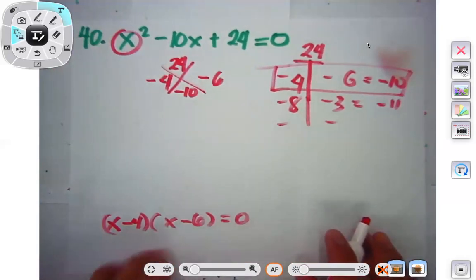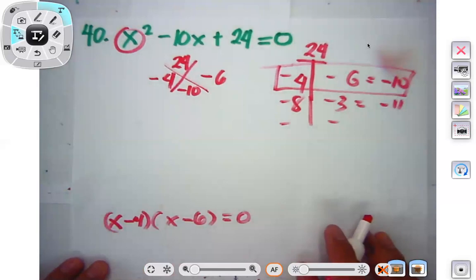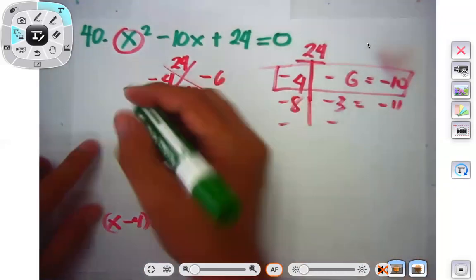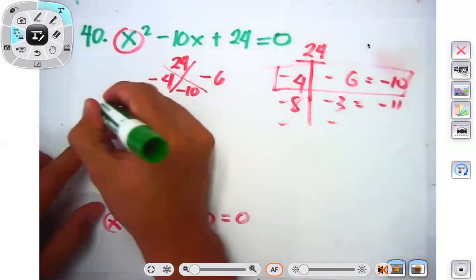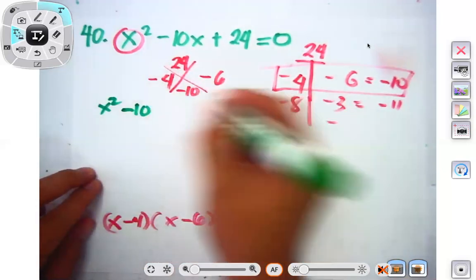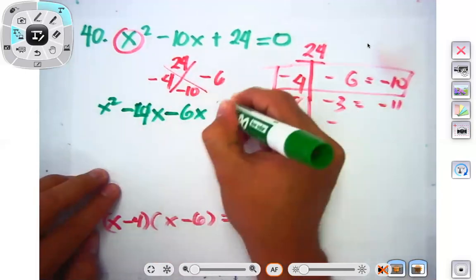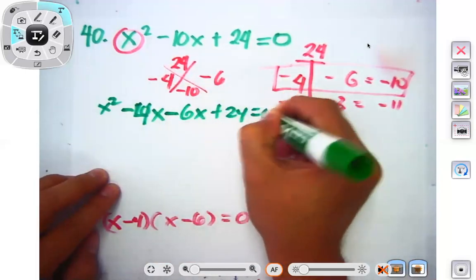Now, for the benefit of the doubt, I'll show this using grouping, right? We can expand negative 10x. You have x squared minus 4x minus 6x plus 24 equals 0. And then we take the GCF.